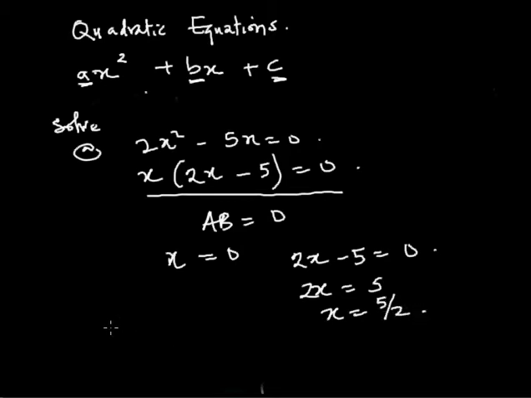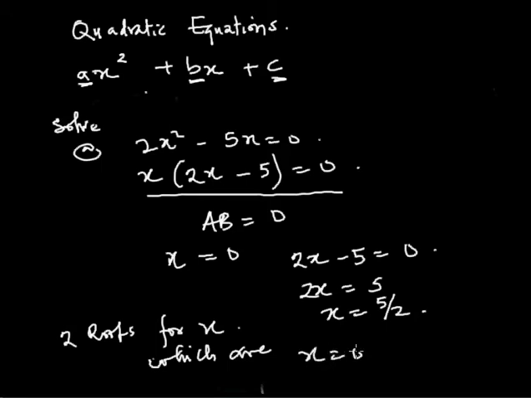So we have two solutions. We have two roots for x, which are x is either 0 or 5 over 2.